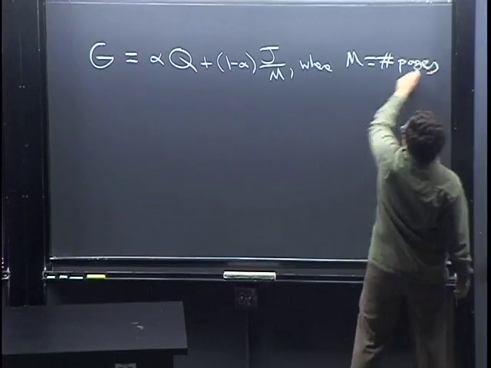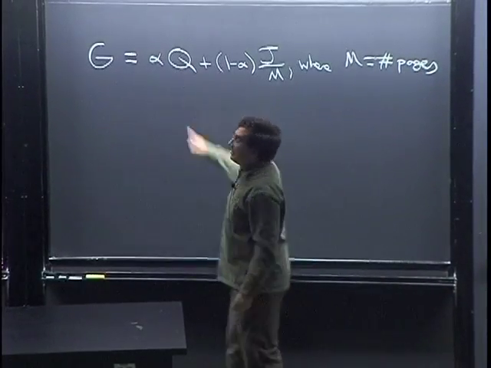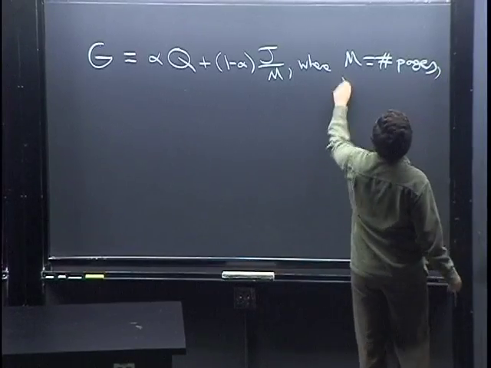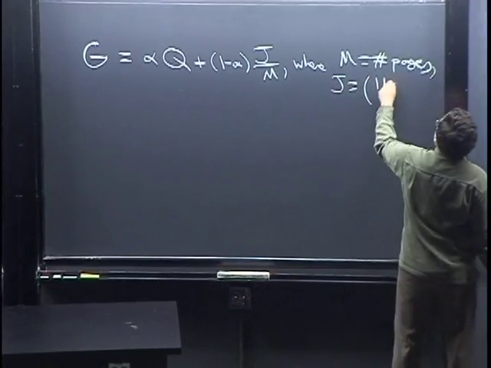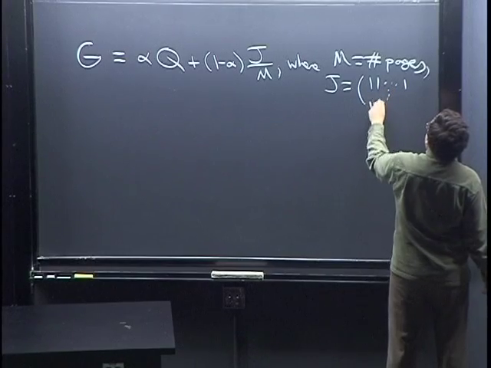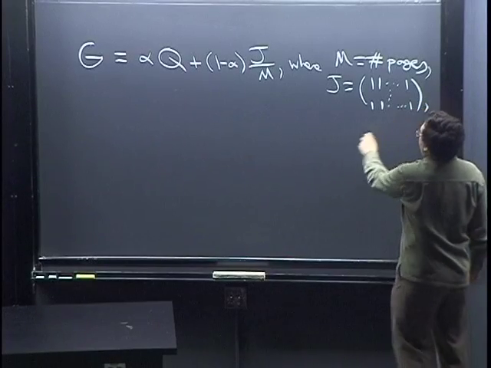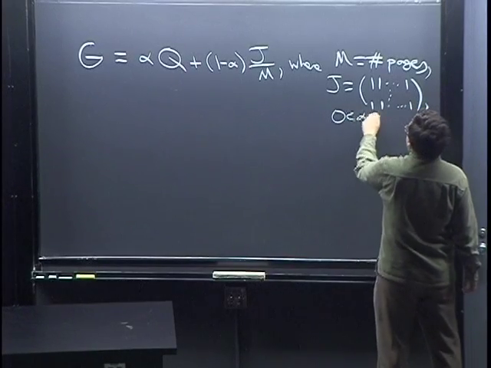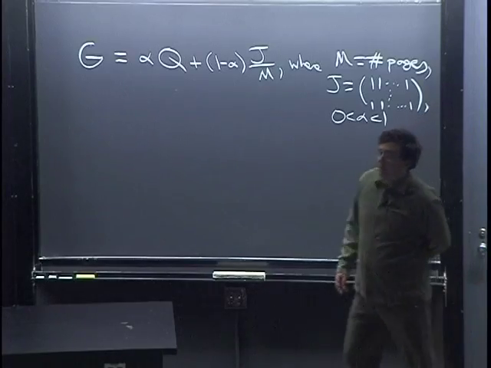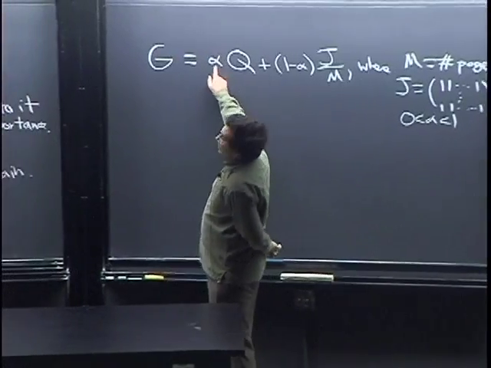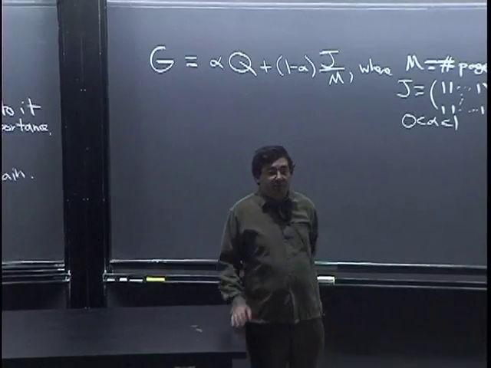So Q is an m by m matrix, and J is the matrix of all ones. I want to explain why they did this. Alpha is just a constant between 0 and 1, so think of alpha as a probability.